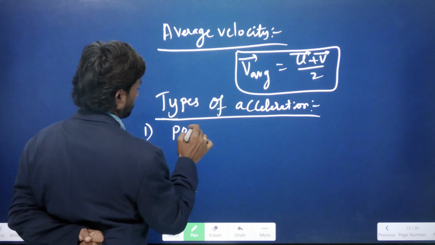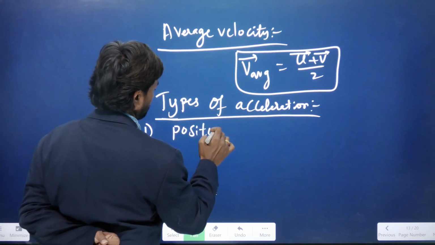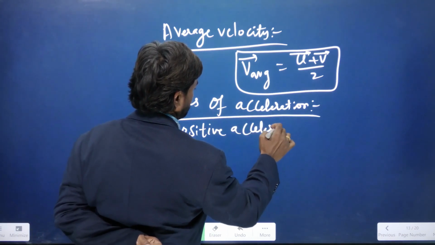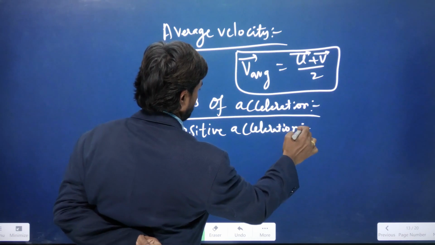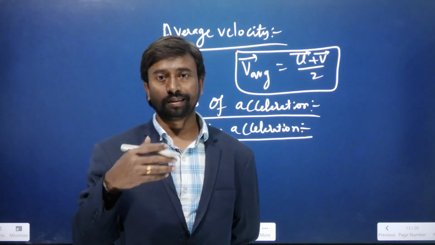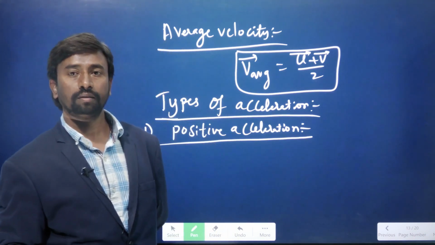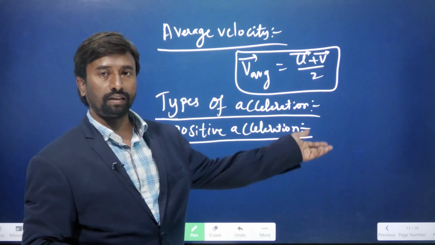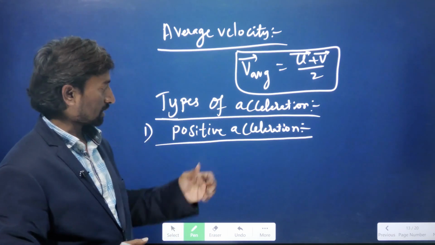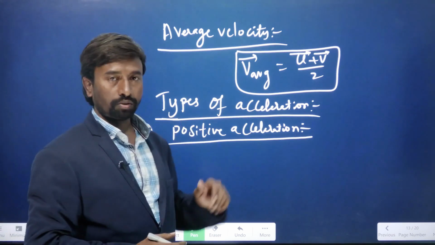Positive acceleration is the acceleration of a body whenever the speed increases. If the speed increases, the final velocity will be greater than the initial velocity, so the acceleration gets a positive value. That acceleration is called positive acceleration.